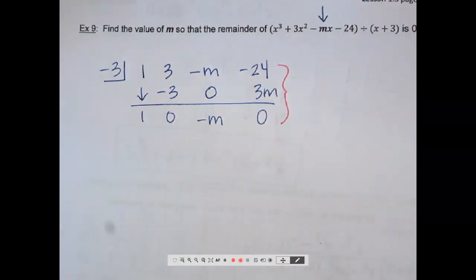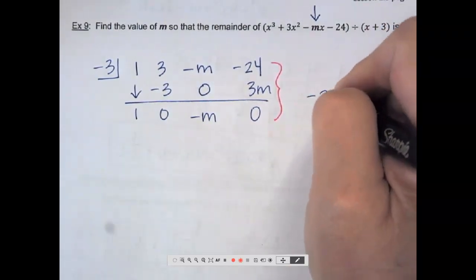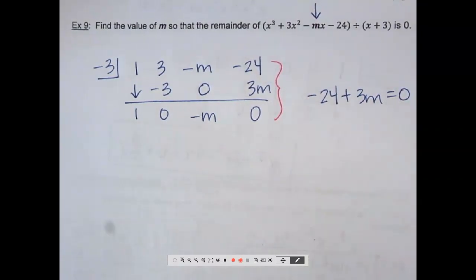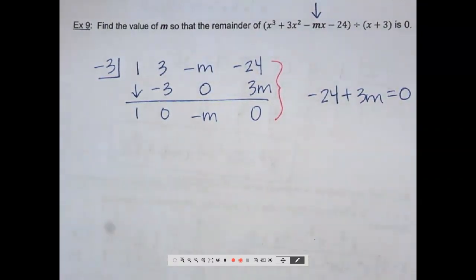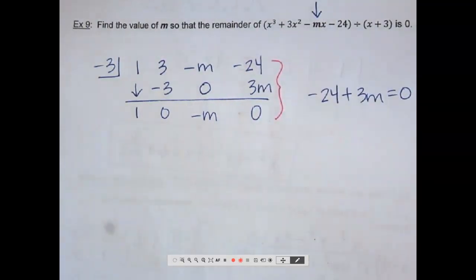Okay, so now how does that help me? Well, this right here tells me that negative 24 plus 3m has to be 0. Right? If I add those two quantities, I have to get 0. So that's a little baby equation. Let's solve that equation.